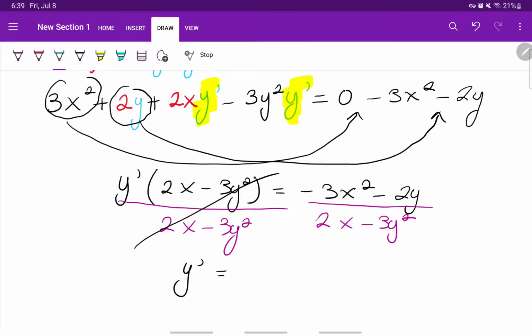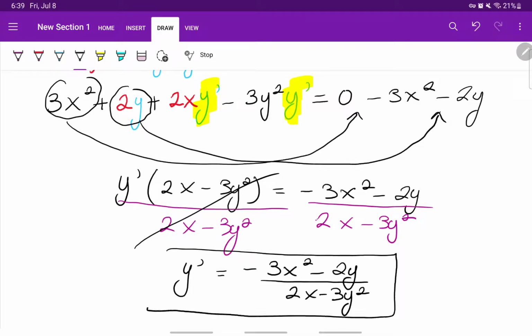Leave it the way it is. Negative 3x squared minus 2y divided by 2x minus 3y squared. And that is it to the question.